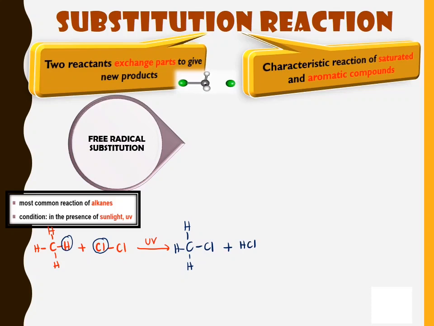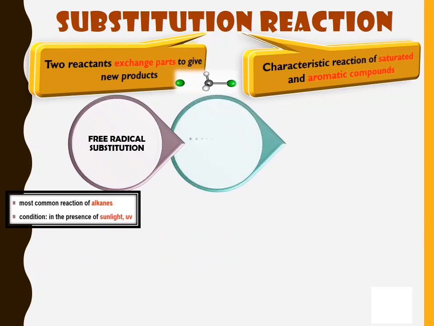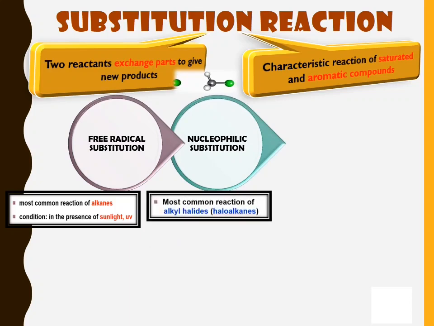Next, we are going to look at the second type of substitution reaction, which is nucleophilic substitution reaction. This reaction is most common in alkyl halide or haloalkane. Haloalkane must consist of a halogen group. I'll show you the example.